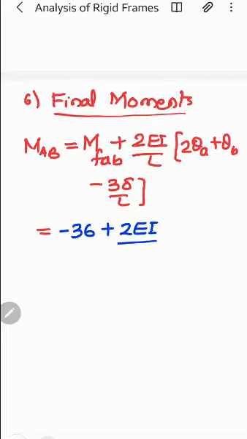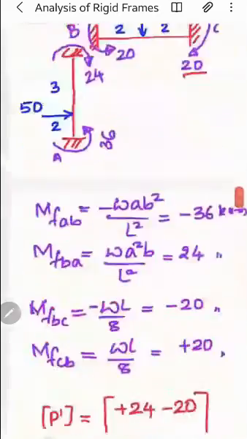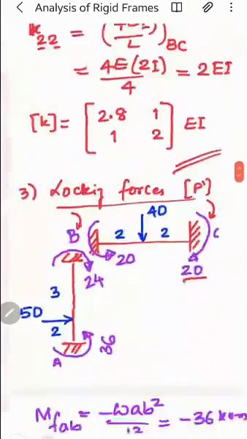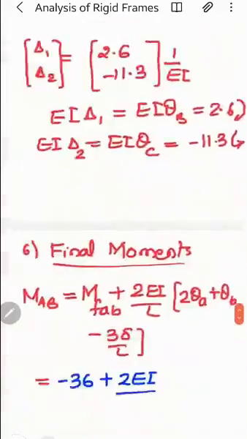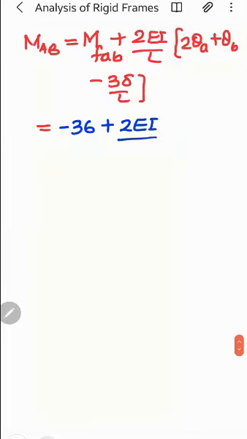What is the length of member AB? It is 5 meters. Take this EI inside, into bracket 2 EI theta A. Theta A is 0, right?